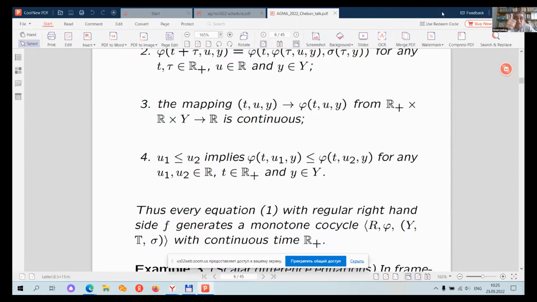For a one-dimensional equation, we have an additional property, which is the monotony of the function phi with respect to the variable u.